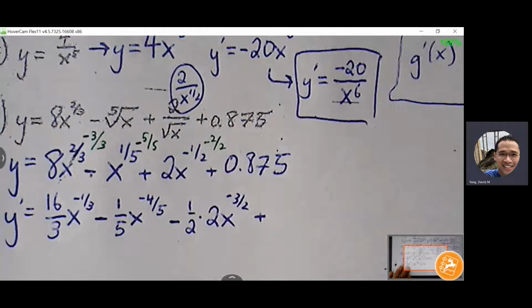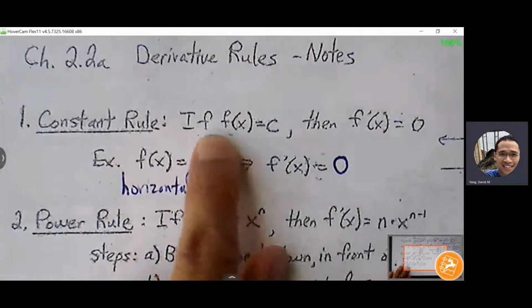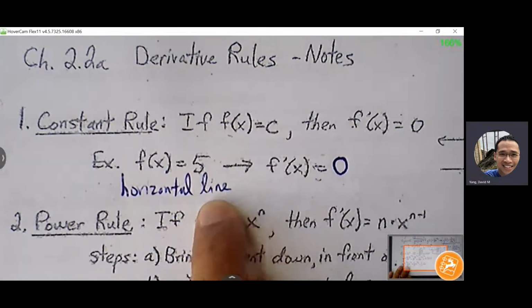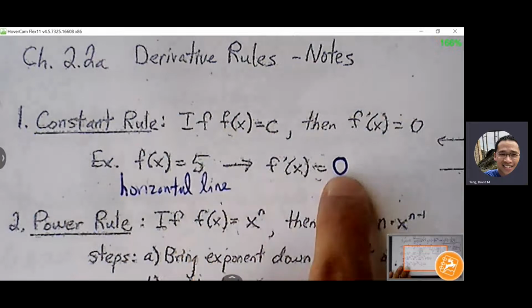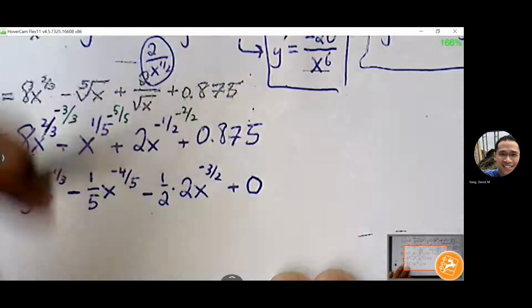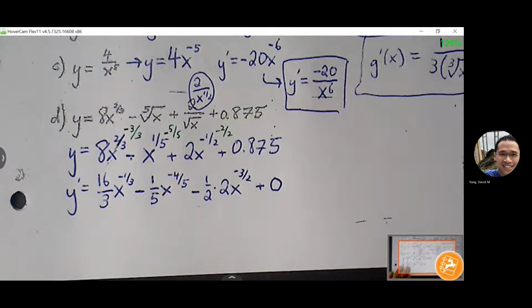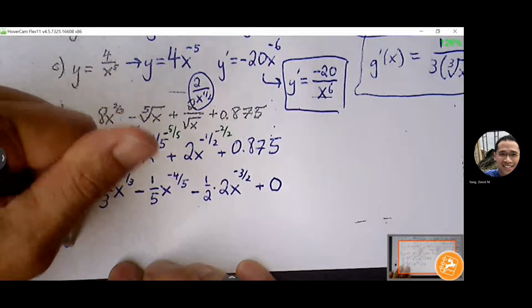And then what's the derivative of 0.875? Good. First thing that we learned, right? Any constant is just a horizontal line. Any horizontal line has slope 0, so the derivative of a constant is always going to be 0. Okay, let's do some cleanup.